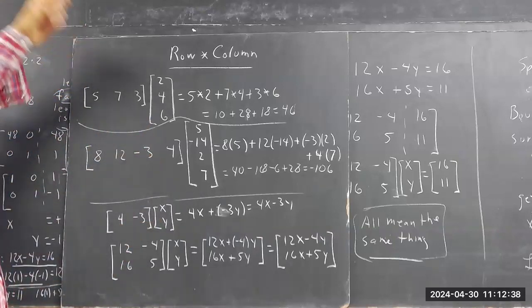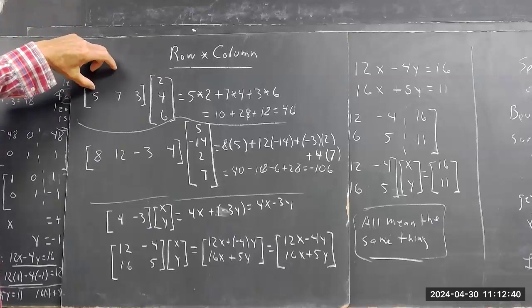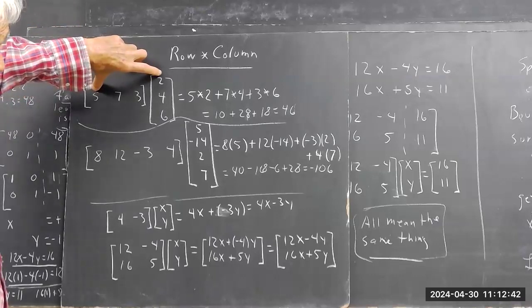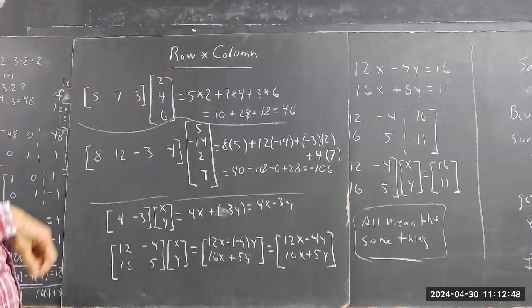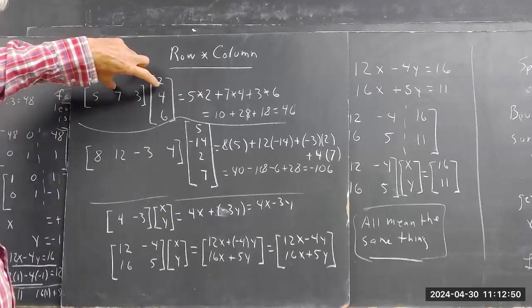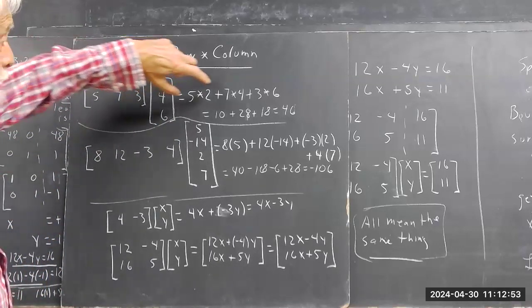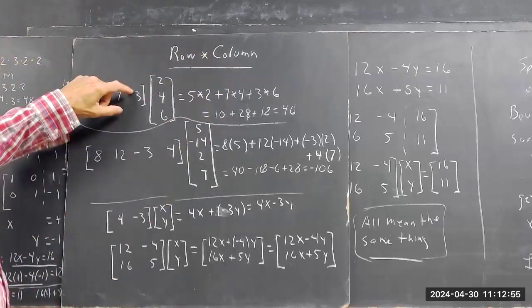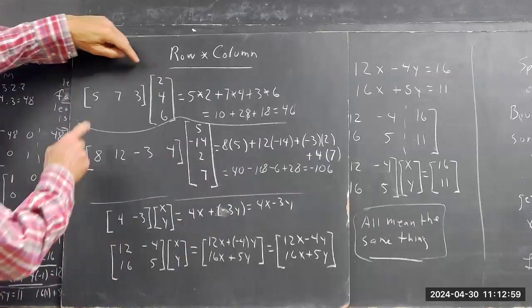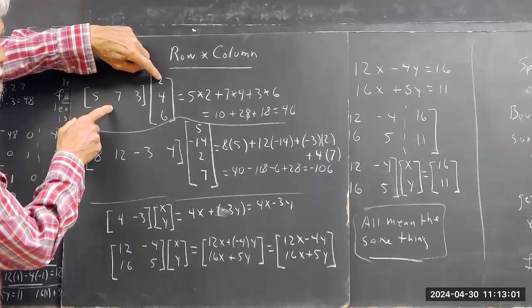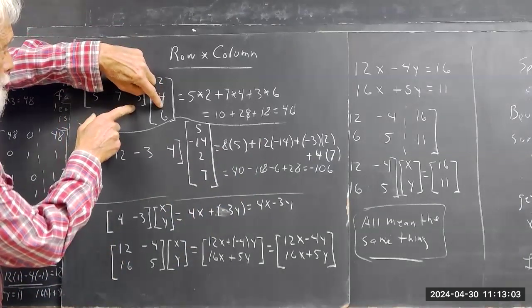You take the first number in the row times the first number in the column. That's 5 times 2, and you write it out. Then the second number times the second number, and the third number times the third number. It's very simple.